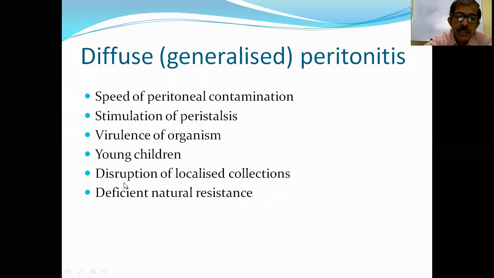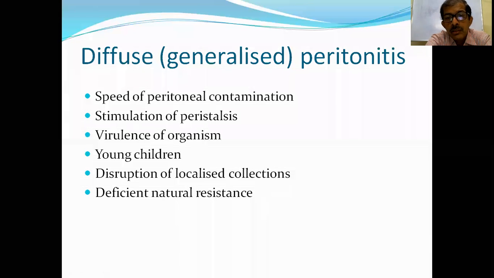Sometimes it so happened in those days when there was not much imaging, because of guarding and tenderness we couldn't feel the appendicular mass, and after giving spinal anesthesia we had prepared the case for appendectomy. Because the spinal will paralyze all the local muscles, we were able to palpate the mass.